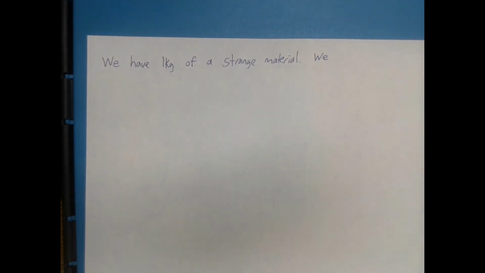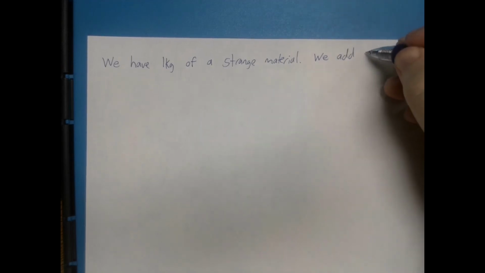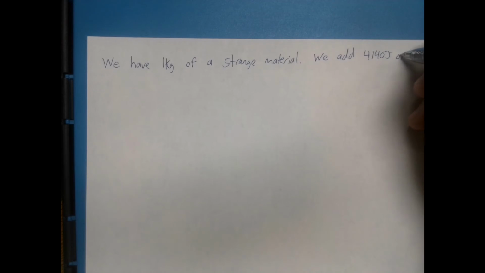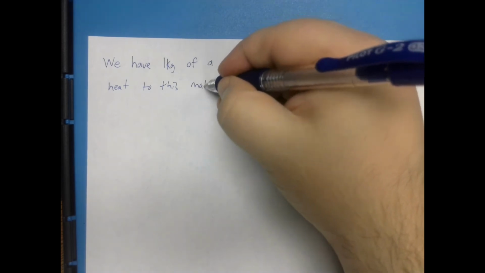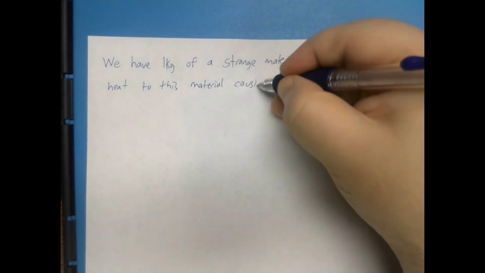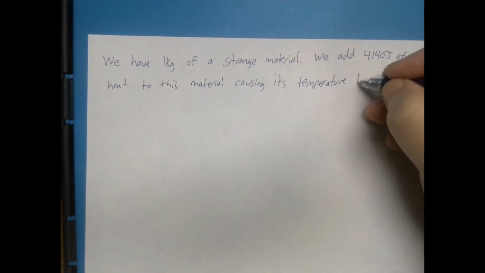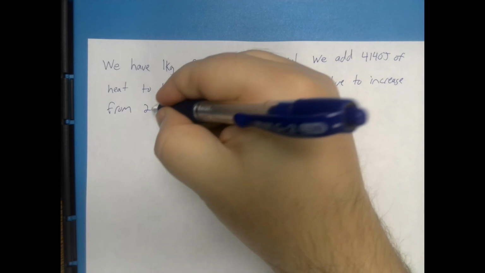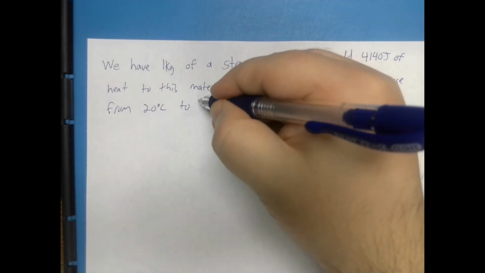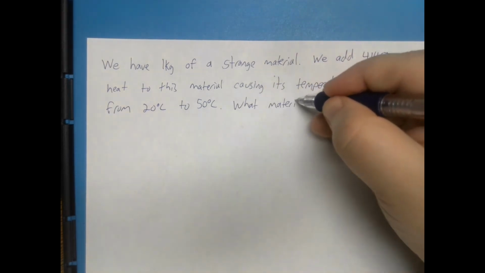We add 4,140 joules of heat to this material, causing its temperature to increase from 20 degrees Celsius to 50 degrees Celsius. What material is this?